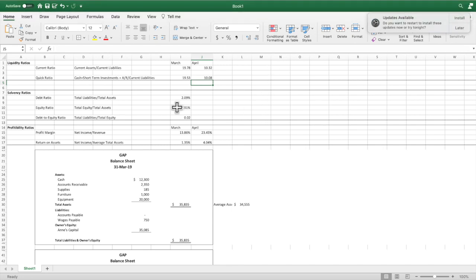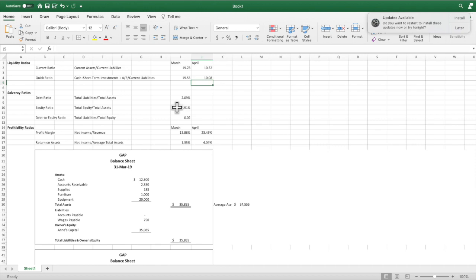Now, solvency ratios. Solvency ratios gauge a company's ability to meet long-term obligations. So an organization can raise funds through two methods. It can either borrow cash, which is a liability, or it can sell an ownership stake in the business, which is equity.